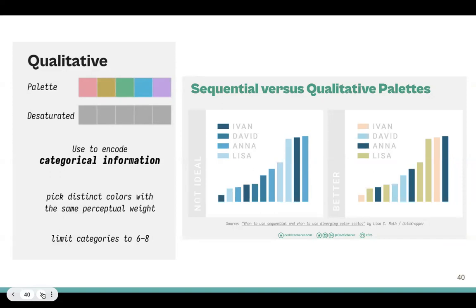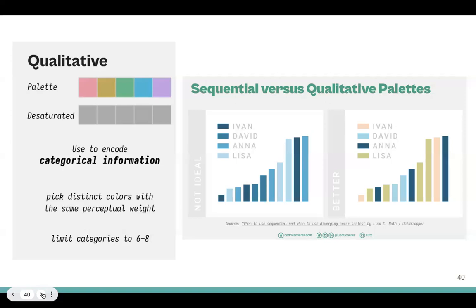If you're in a business setting, these might be the names of different companies, or the names of your clients, right? But here, if you want to show the distinction between them, you would want to use very stark and contrasting colors.